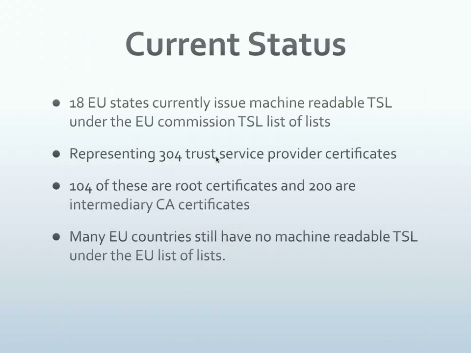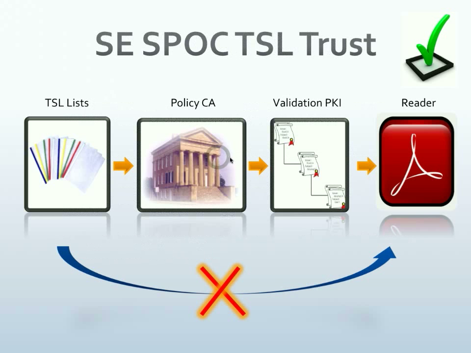TSLs are out there currently in machine readable forms. 18 countries have them. Contains over 300 trust services with various certificates, root certificates and identity certificates and CA certificates. If we want to turn that into a validation function, we need to filter this through a policy.